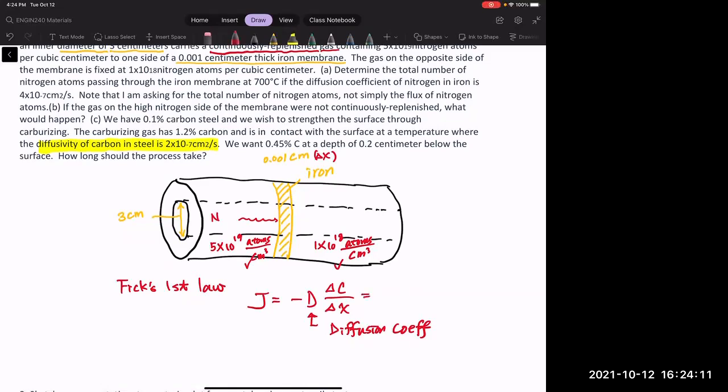So let's just write it down. This will be 2 times 10 to the -7 times the change of C. So what is the change of C?